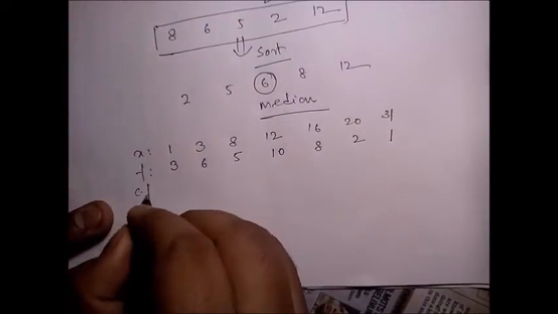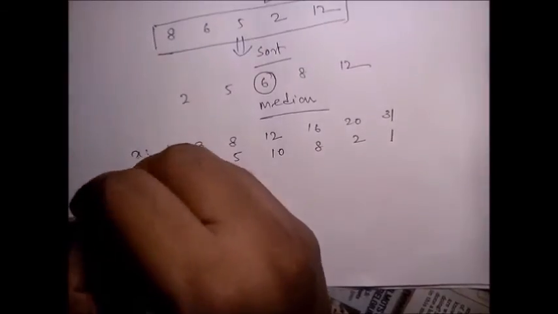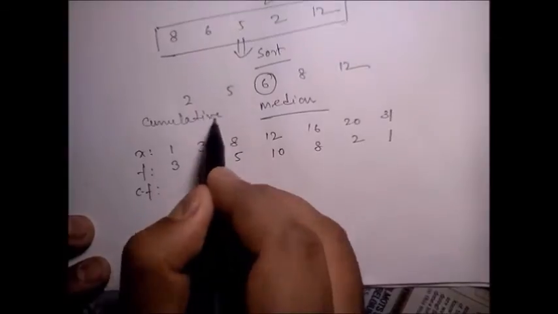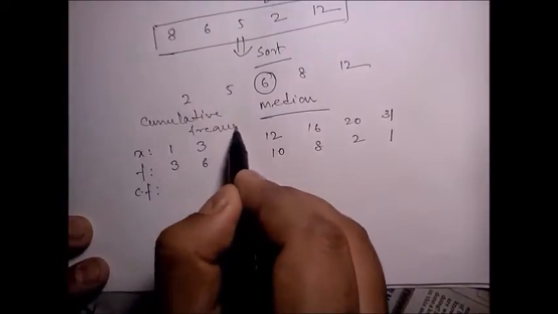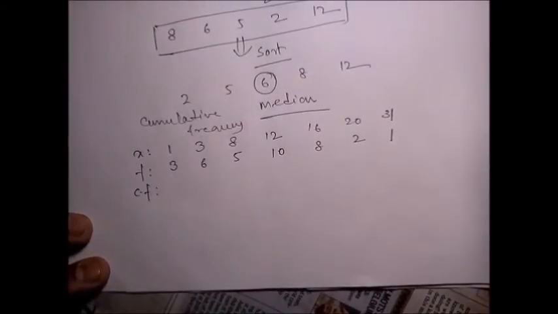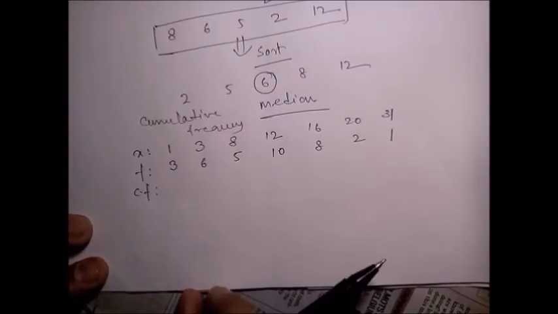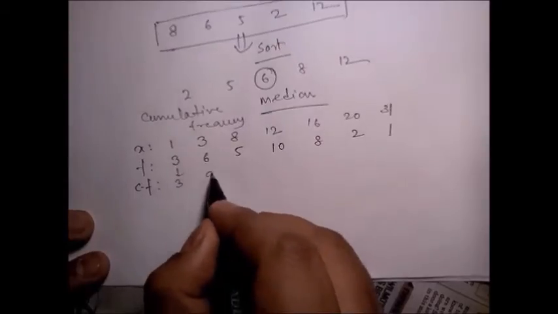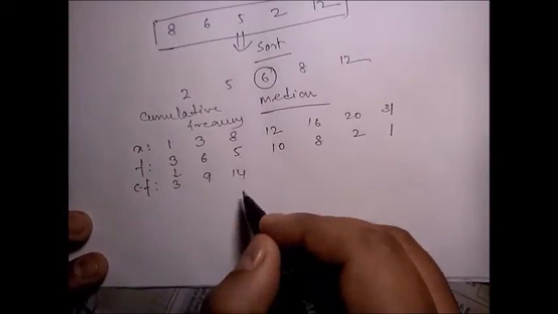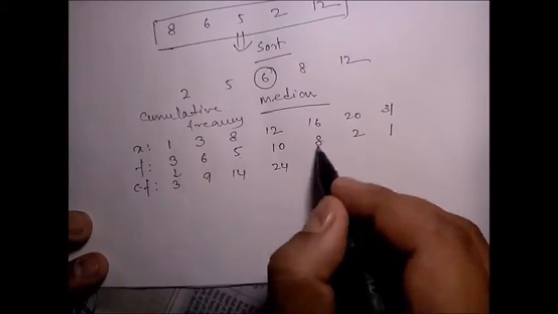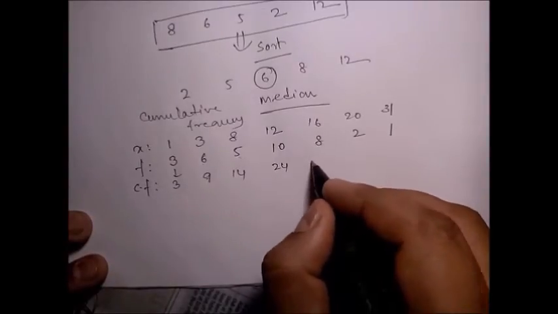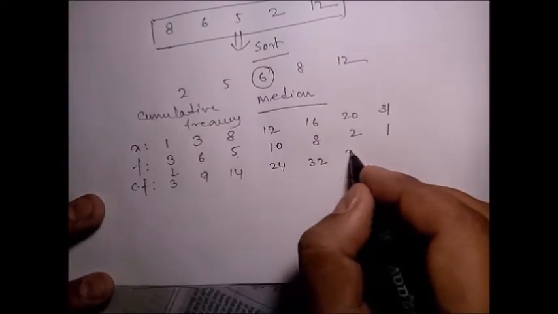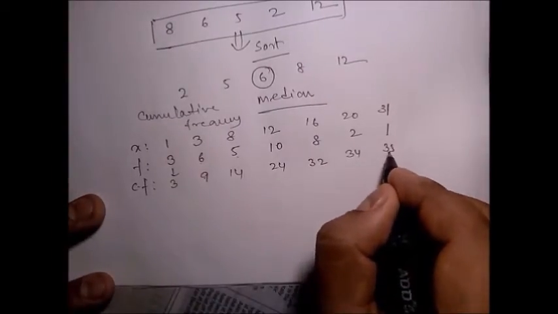First of all, identify the cumulative frequency, the new term. So how to calculate the cumulative frequency? 3 plus 6, it is 9, 9 plus 5, it is 14, 14 plus 10, it is 24, 24 plus 8, it is 32, 32 plus 2 it is 34, 34 plus 1 it is 35.